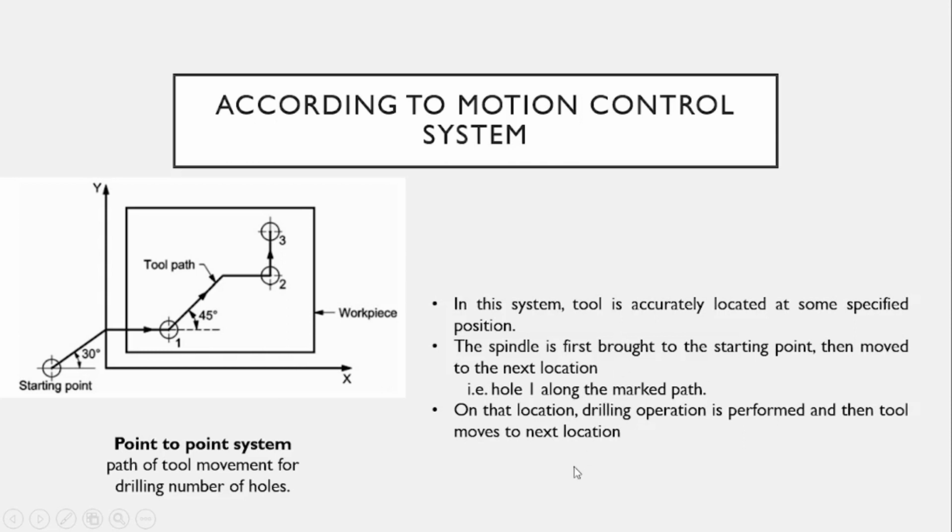The spindle is first brought to the starting point, then moved to the next location. At that location, a drilling operation is performed, then the tool moves to the next location. When the drilling hole is completed at a particular location, it moves to the next location.